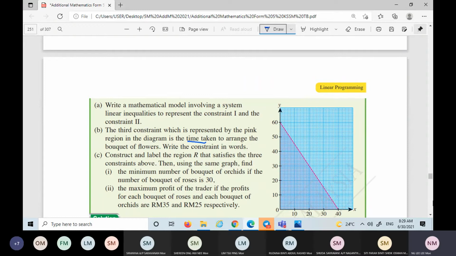Okay, is something wrong? 20 minutes for rose, so 20 times x, and then 30 times y. Let me see. You can help me to see also. Look at the solutions: first they find the gradient, then they find the equation of the line.